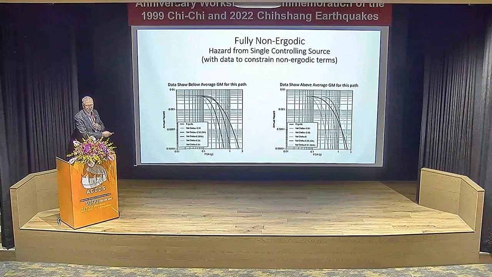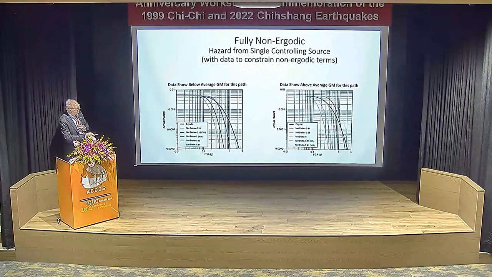I get a shift to the left and I get steeper hazard curves because I have a narrower distribution. I can also say maybe I'm shifting it to the right. Okay, so maybe my answer is, I have data and it tells me it's between the orange and the light blue there. Right? So again, going to non-ergodic hazard is going to steepen up your curves, but they could shift either to the right or to the left.